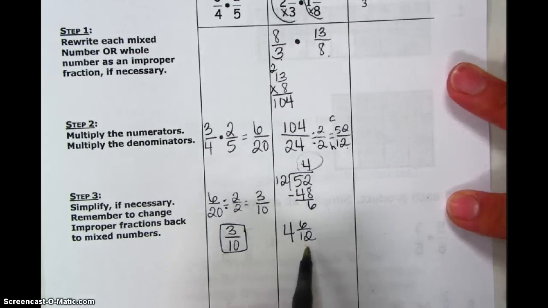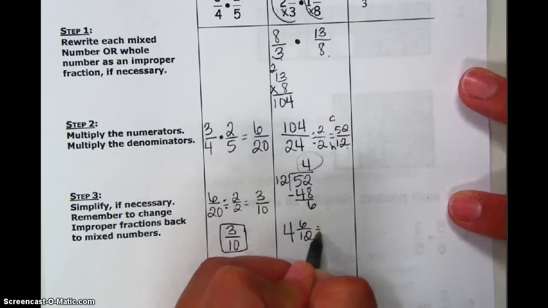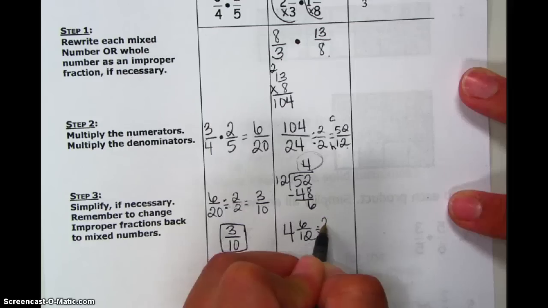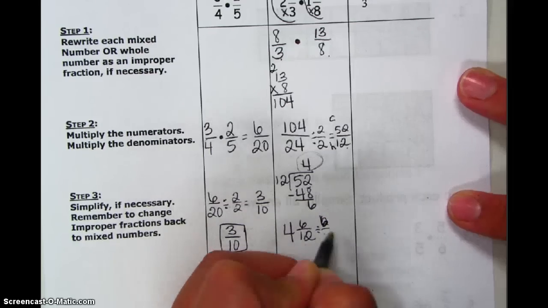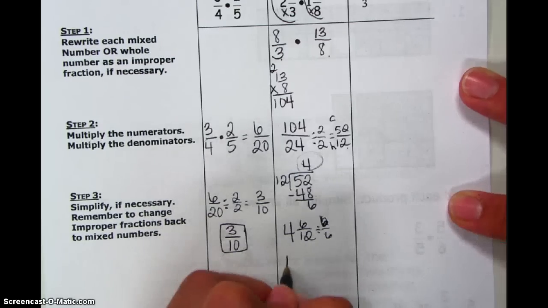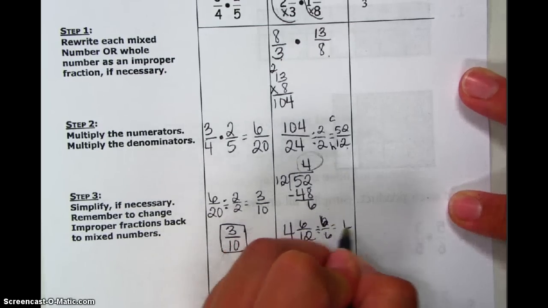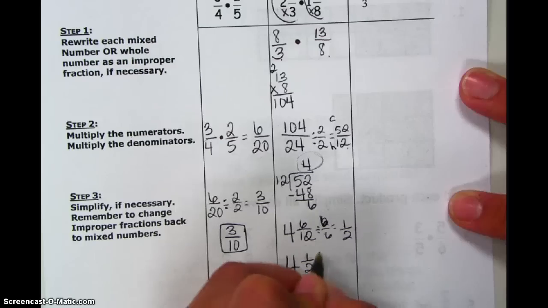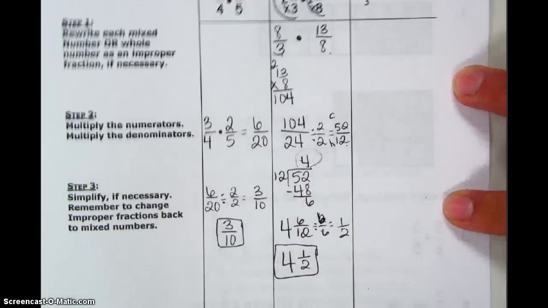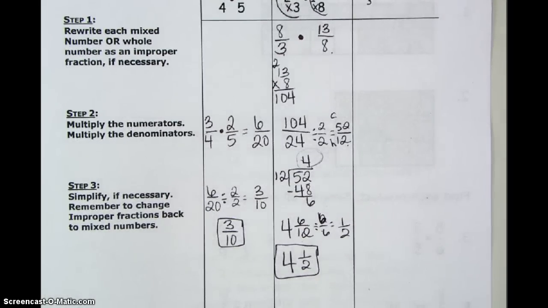I can still simplify this fraction even more. So I'm going to divide both 6 and 12 by 2. By 6, their greatest common factor. So that would give me 4 and 1/2 as my final answer for 2 2/3 times 1 5/8.